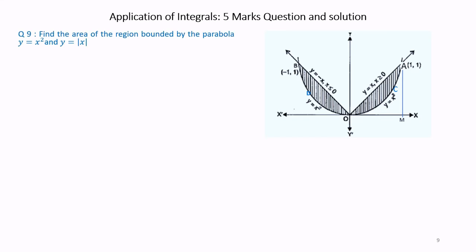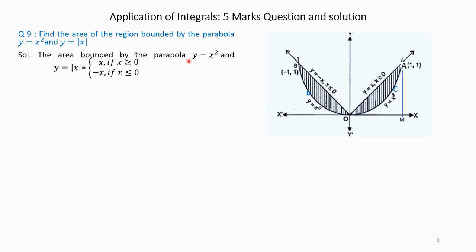Find the area of a region bounded by the parabola y is equal to x square and y is equal to mod x. So we know y is equal to x square is a parabola, upward parabola. Let us solve it. The area is bounded by parabola y is equal to x square and y is equal to mod x.